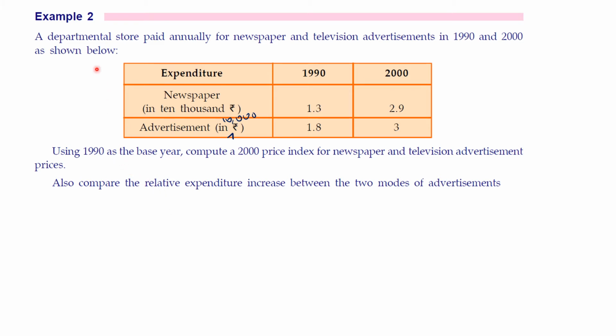The departmental store paid annually for newspaper and television advertisements in 1990 and 2000 as given in this box. We have to use 1990 as the base year, compute the 2000 price index for newspaper and television advertisement, and also compare the relative expenditure increase between the two modes of advertisement.